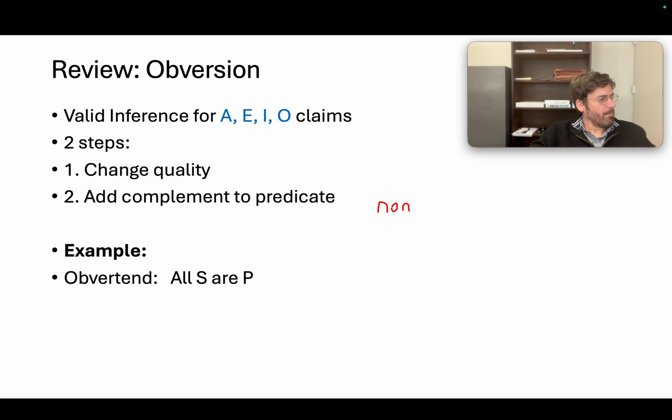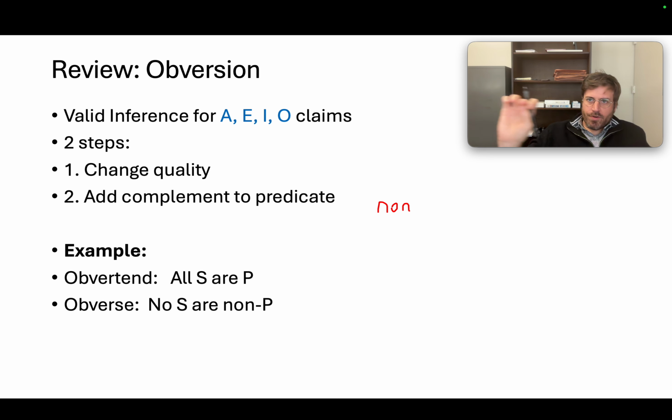What would it be? If you wrote no S or non-P, you are correct, right? Affirmative becomes negation. We've switched the A to the E. In a way, I like to think of it as we're just bringing the A proposition over to the E proposition on the square of opposition, and then we've added our complement non to the P group. So this is a valid instance of obversion of an A proposition.